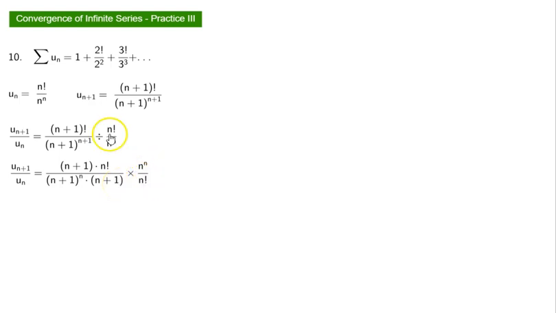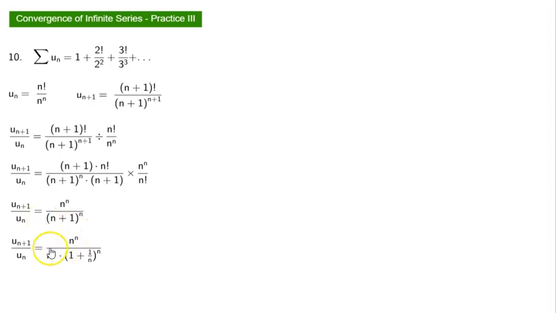So now this term we are taking the reciprocal to convert it to multiplication. So n factorial cancels out. What else goes off? n plus 1 cancels out. And we are left with n to the power of n divided by n plus 1 to the power of n. In the denominator, we take out n to the power of n.